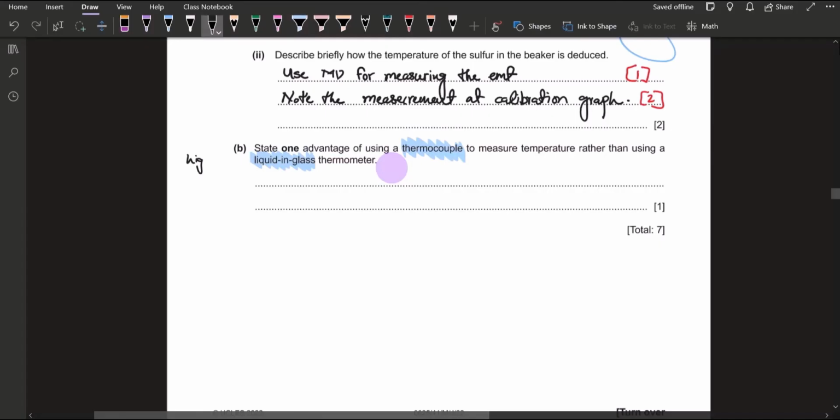So what this means is that the high sensitive thermometer will react to maybe, for example, a change of 0.1 degrees Celsius or 0.2 degrees Celsius. But the low sensitive thermocouple will react on maybe 10 degrees Celsius or 20 degrees Celsius. So that's what we can write here for our advantage, that it can measure high temperatures compared to a liquid in glass thermometer.